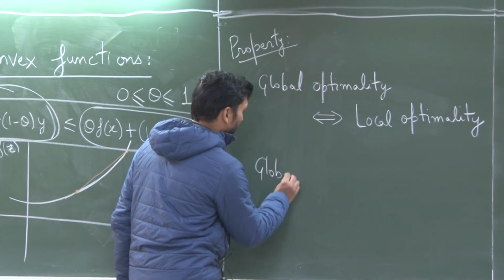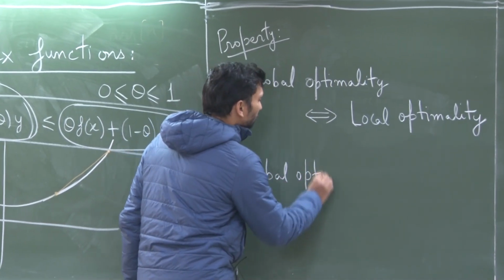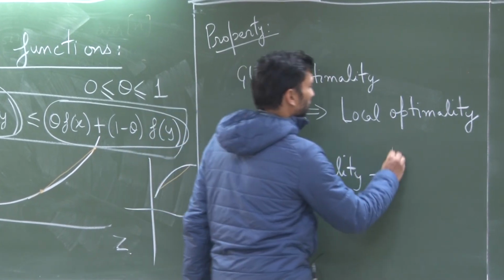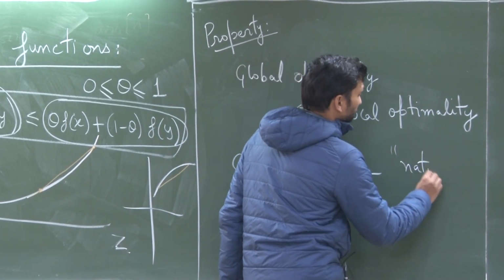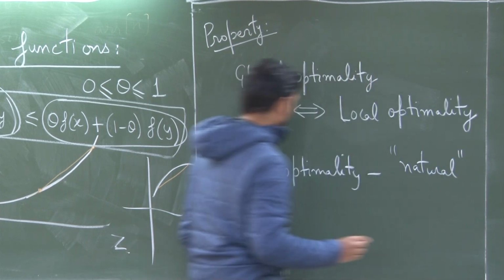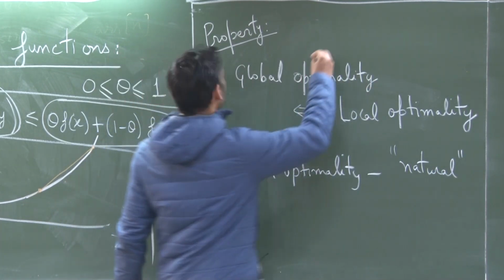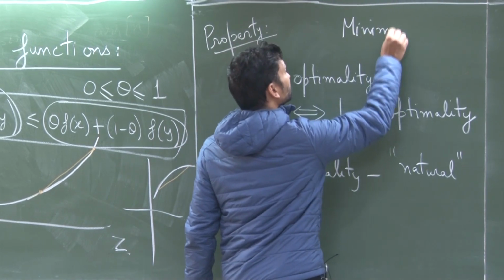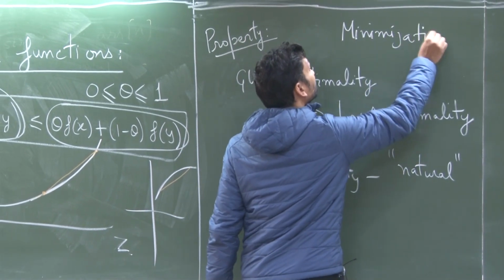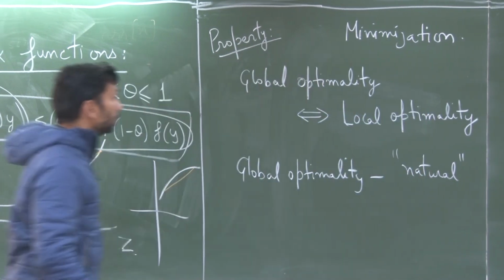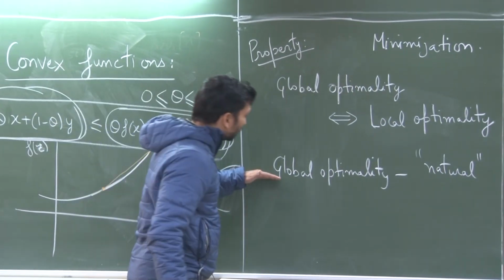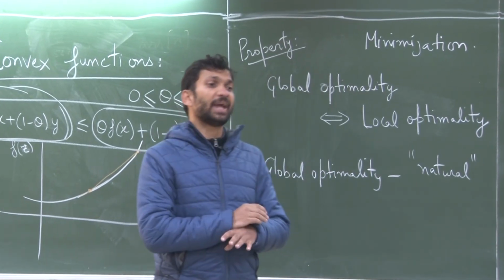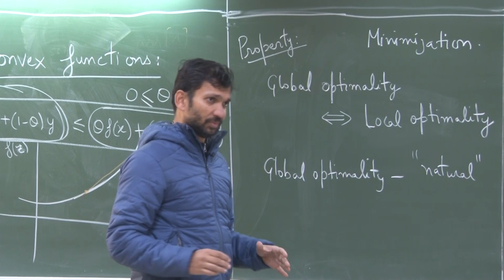global optimality. This is the natural notion of optimality. Let us say we are minimizing. So, we are interested in minimization. Let us keep that as constant. A global optimal is the minimum point over the entire region. Okay?